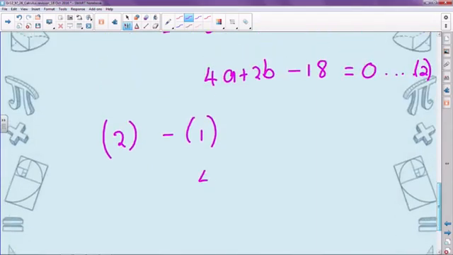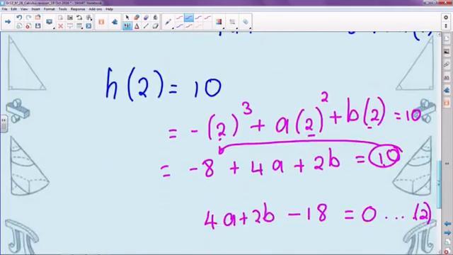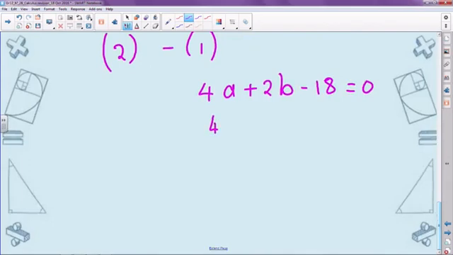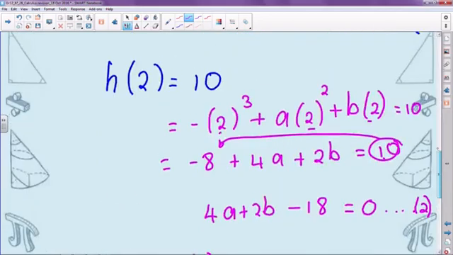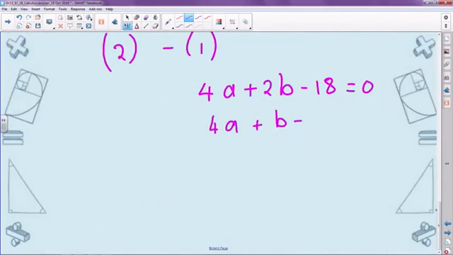We set them up vertically, remember, on top of each other. So we get 4a plus 2b minus 18 is equal to 0. Equation 1: 4a plus b minus 12 was equal to 0.